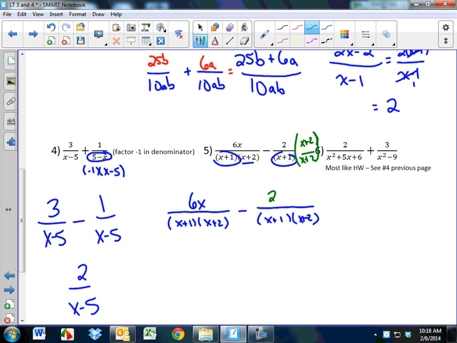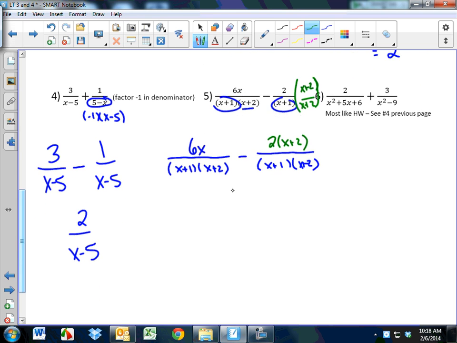So now it says 2 times x plus 2. Sticking with our rules of fractions, we subtract the tops and keep the denominator the same. So 6x minus 2 times x plus 2 divided by x plus 1 times x plus 2. Now we will distribute and combine like terms in the numerator, crossing our fingers, hoping to maybe find a factor of x plus 1 or x plus 2 that might reduce.